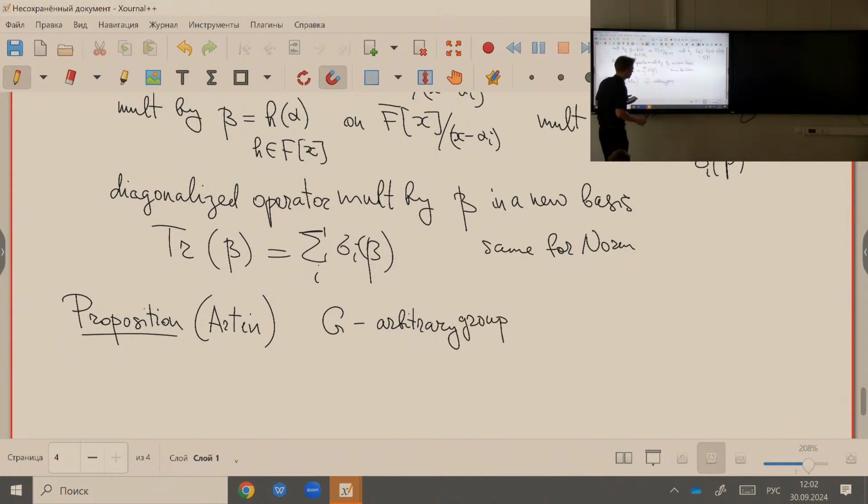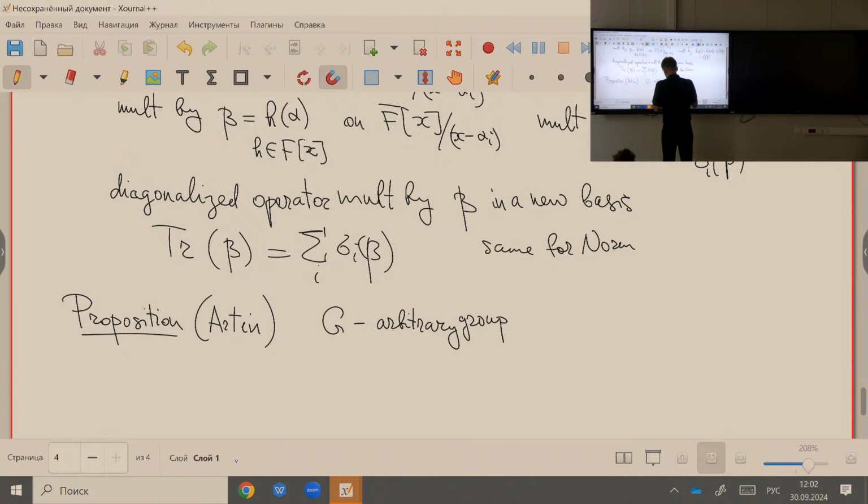What we will use in this formula is that these sigma_i are homomorphisms, in particular group homomorphisms of the multiplicative group of the field.